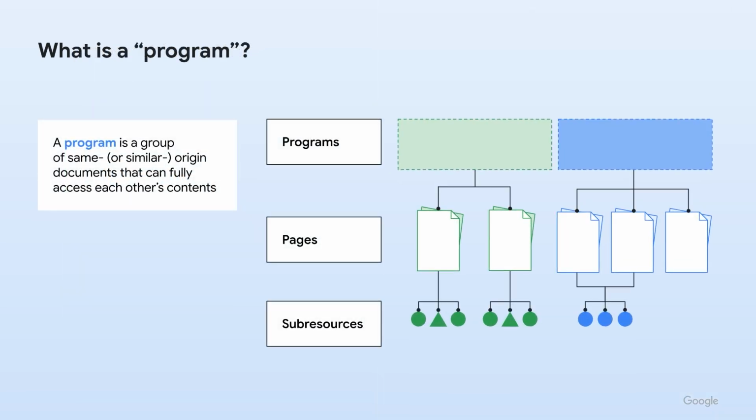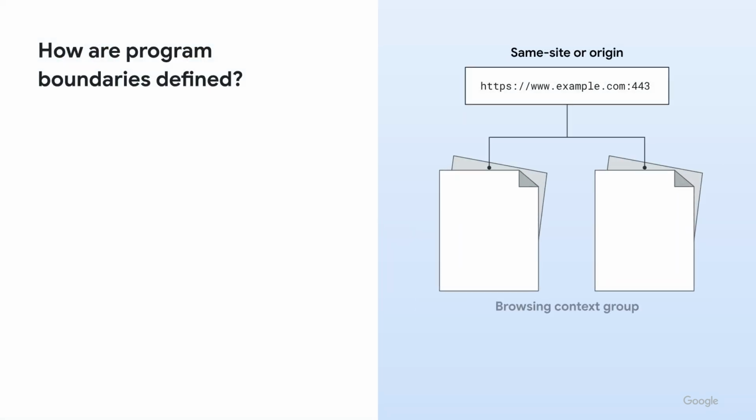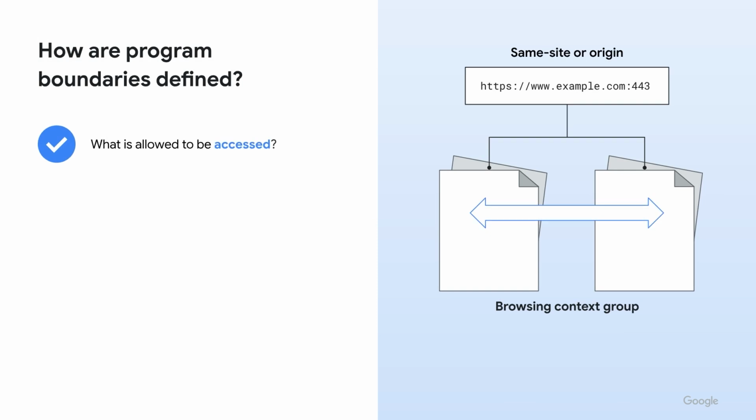So, a program in the browser isn't a single document or web page and its sub-resources. Instead, it's a group of same or similar origin documents that can fully access each other's contents. A normal browsing session will usually be made up of several independent programs. The boundaries between programs are based on what's allowed to be accessed as well as what is reachable.